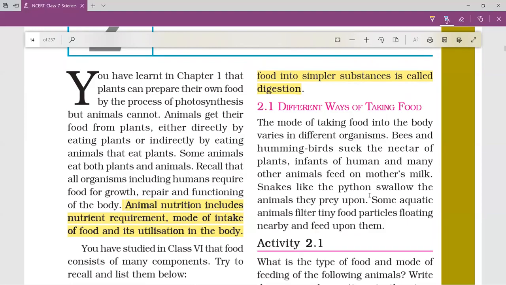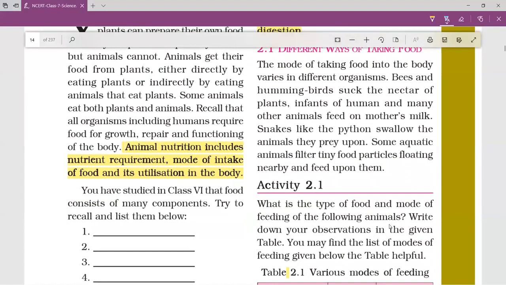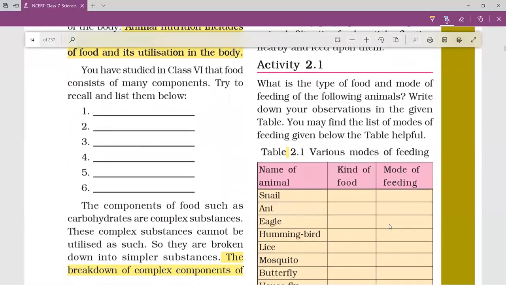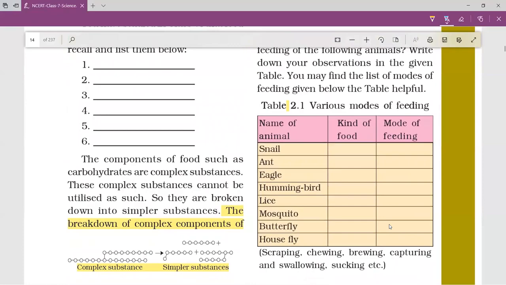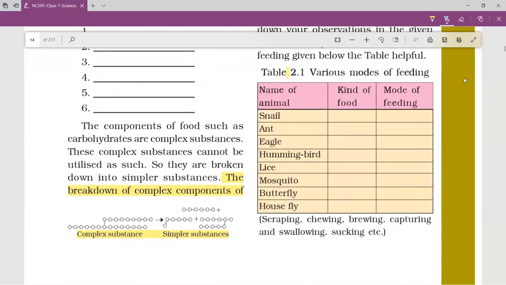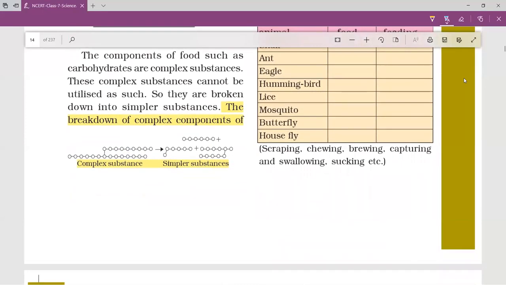In some animals they swallow the food. It depends on the animal; their style of taking food is different. Here one table is given, showing how different animals take food. You have to fill that up when you get your textbook. Mosquitoes suck food. Butterflies also suck food. Eagles catch the prey and eat.